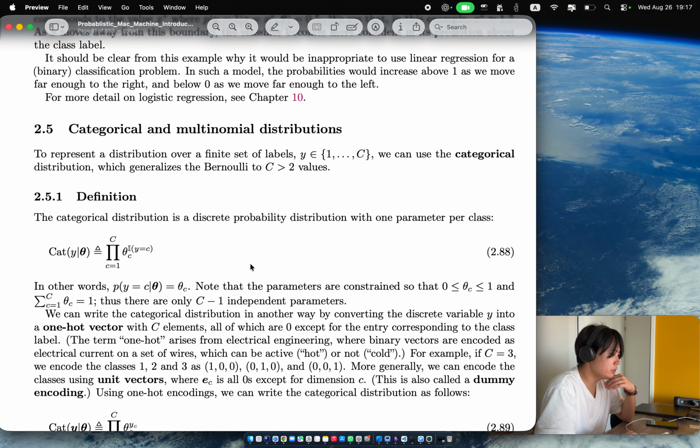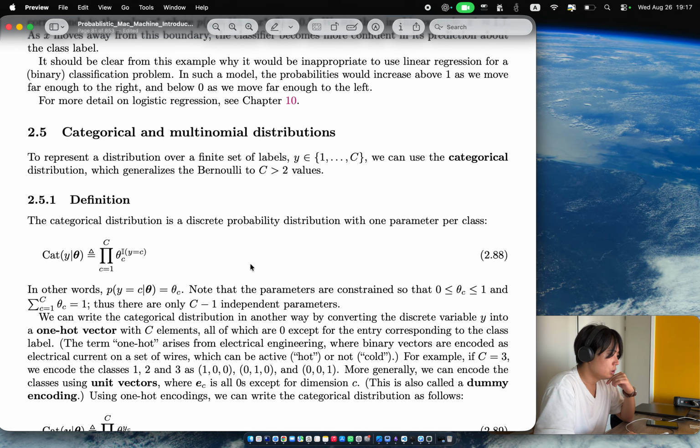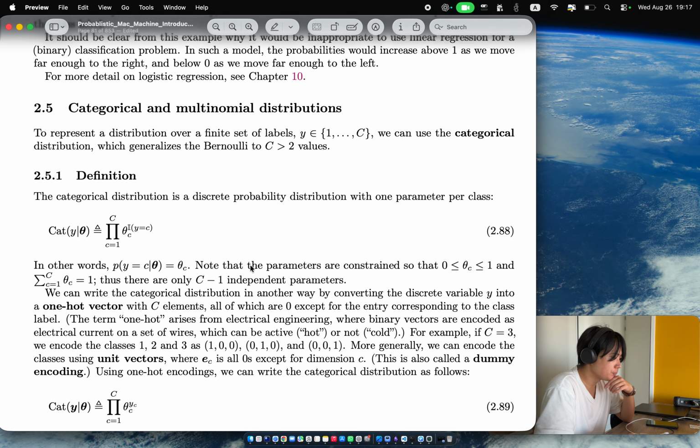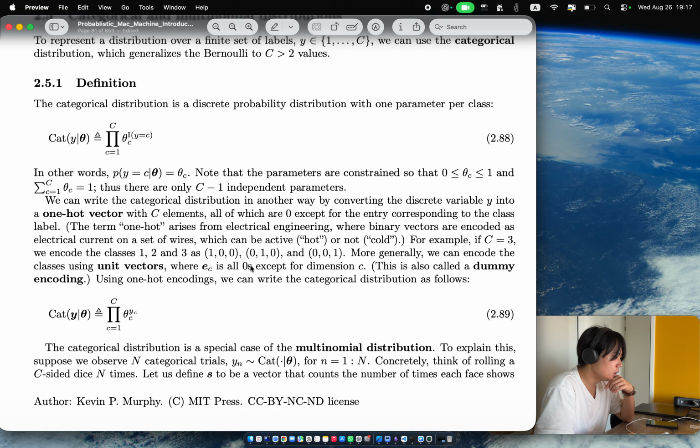And the categorical distribution. The idea is the one-hot vector, or unit vectors, representing a certain value with 0 and 1.